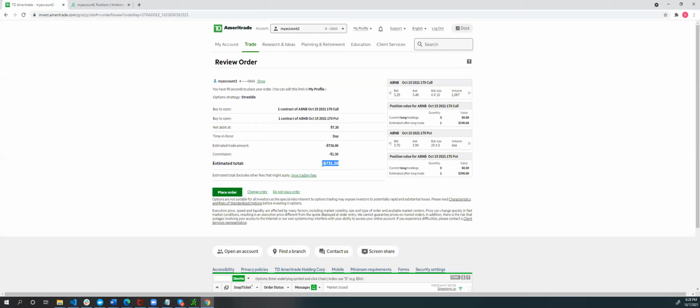So that's correct. So let's take a case. The stock is 170 today, right? And the earnings came out and they beat the hell out of the earnings, meaning they showed earnings twice what was expected, the market went crazy, and the stock went up to $250, right? So on the call, the intrinsic value is $80, so you're pretty much gaining $80 from the call side.